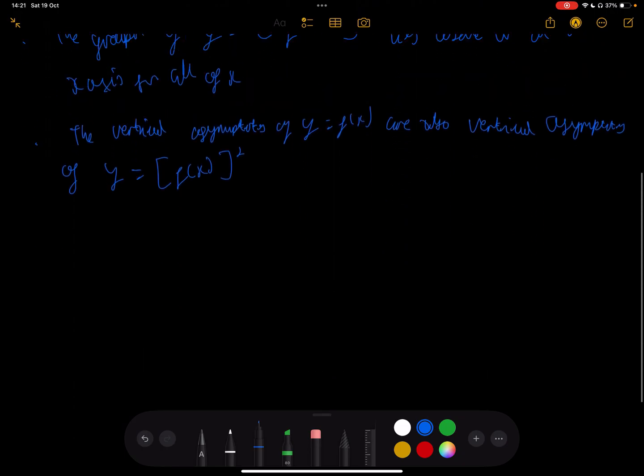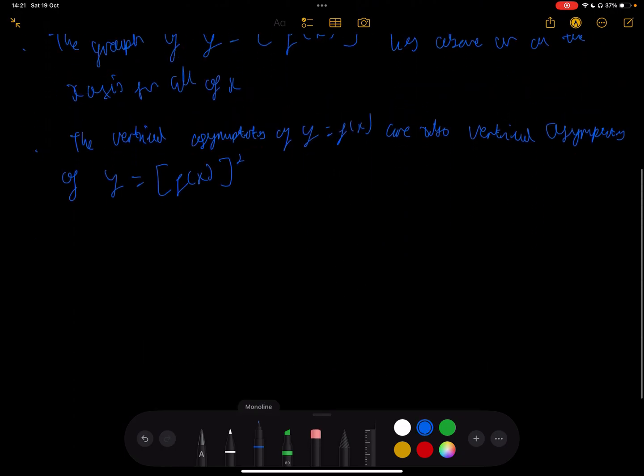So what does this mean? Any vertical asymptote is in the form of x is equal to some value. An asymptote, if you don't know, is just a line which the function cannot touch because it will be undefined for that particular value.